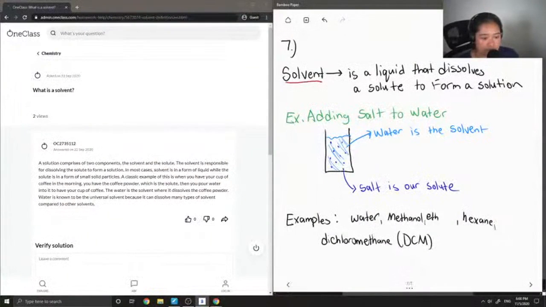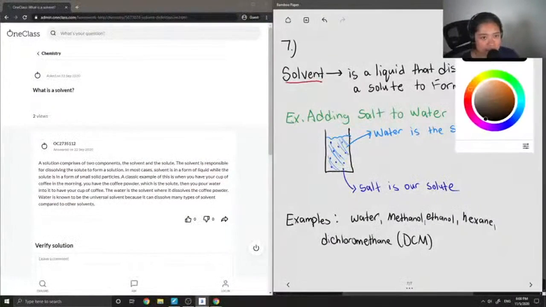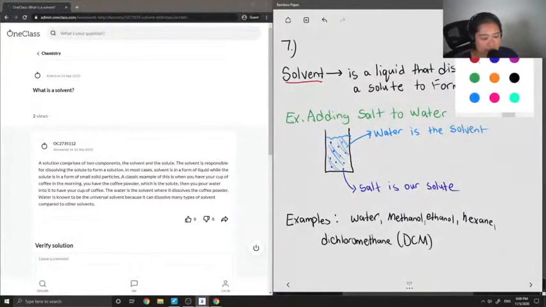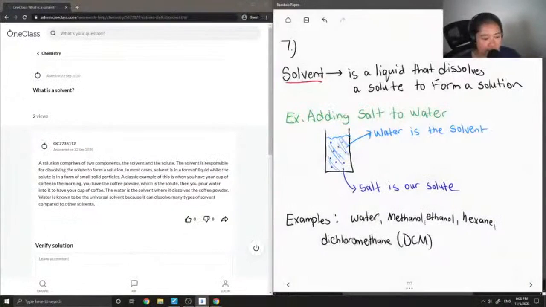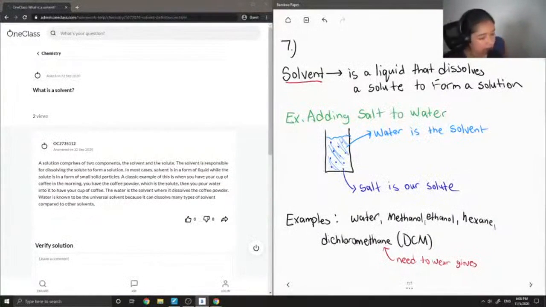Yeah, so it all just depends on what reaction you're working with. And you also have to be careful because some of these solvents can be toxic to your skin. Like DCM, you need to wear gloves. And always read the MSDS. Yeah, so those are all just different examples of solvents, so it doesn't just involve water.